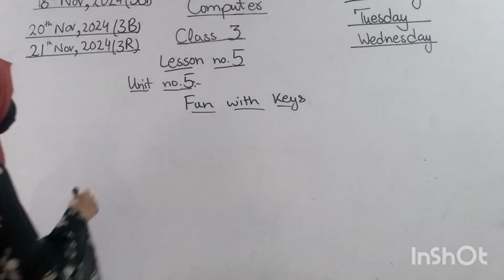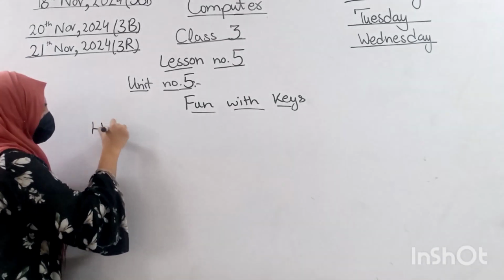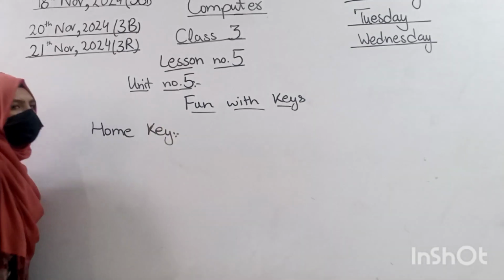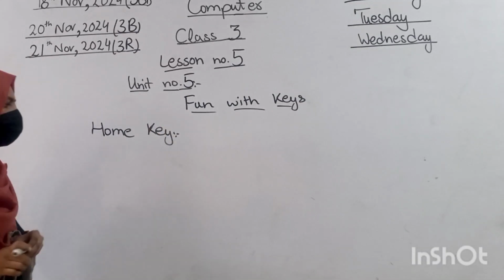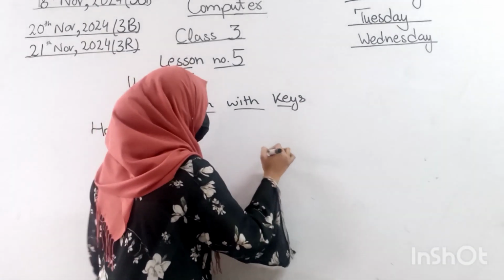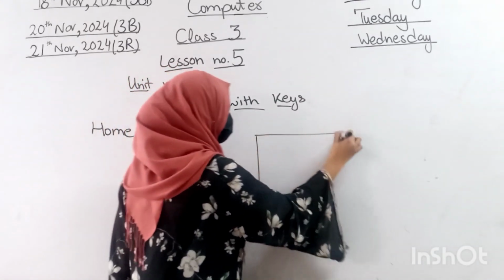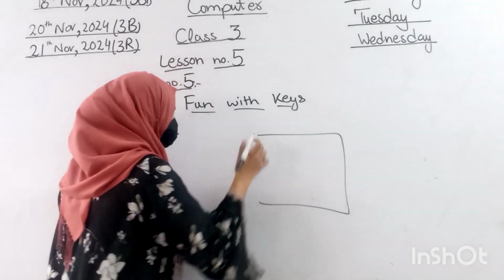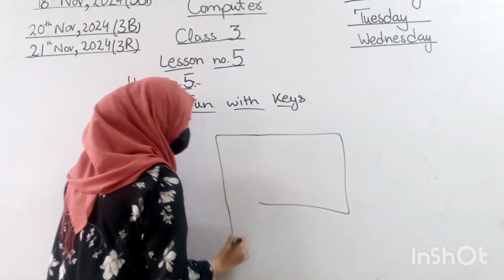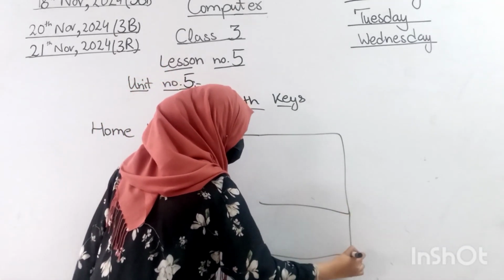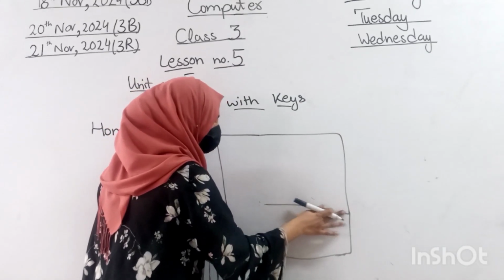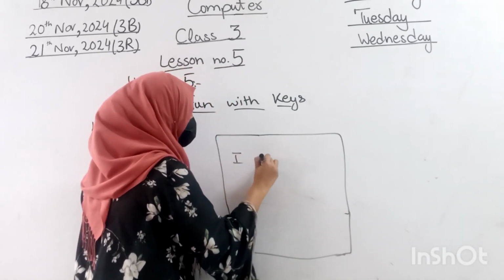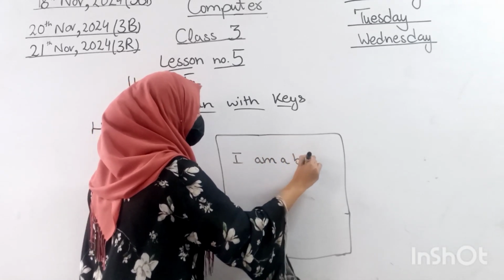Now students, we are going to talk about the home key. The home key is used to move the cursor to the beginning of the line. So this is your Word document and you are writing a line, I am a boy.